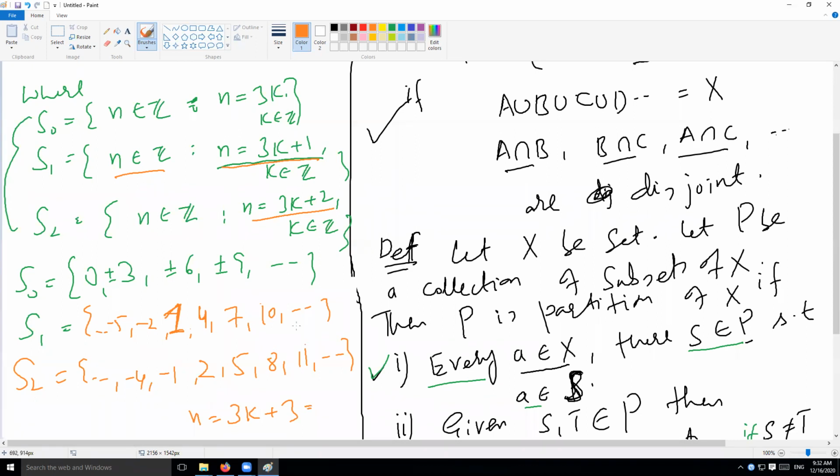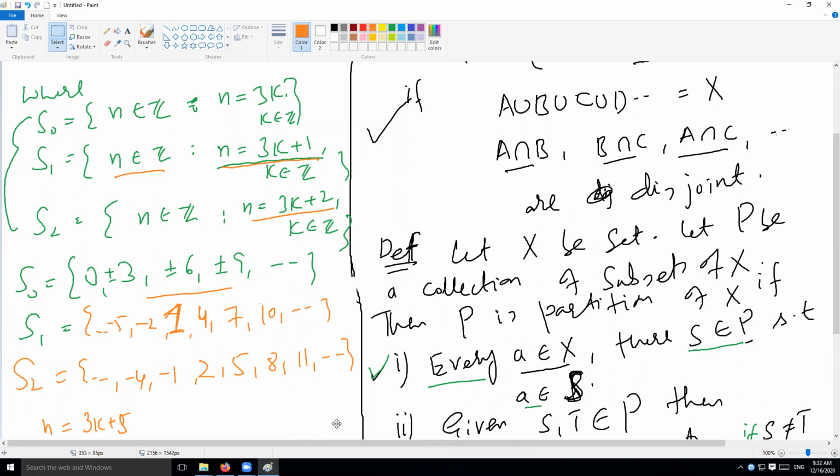Exactly, so they are already here. How about a number like 3k plus 5? Where will such numbers be? If we divide by 3, we get remainder 2.